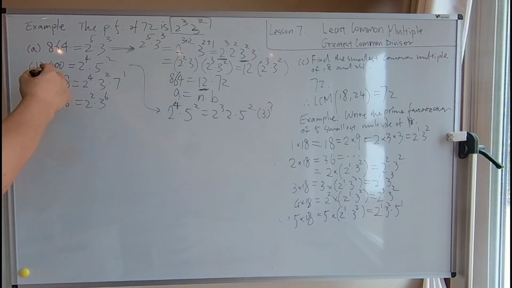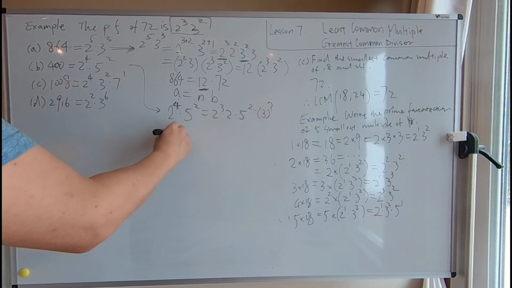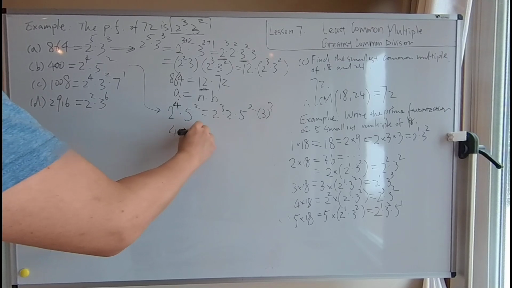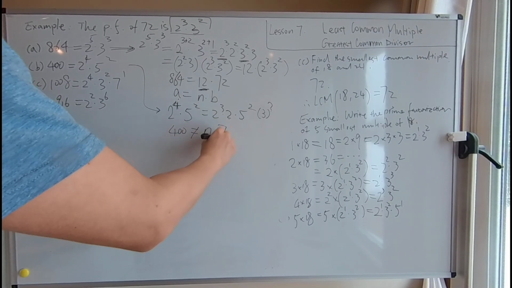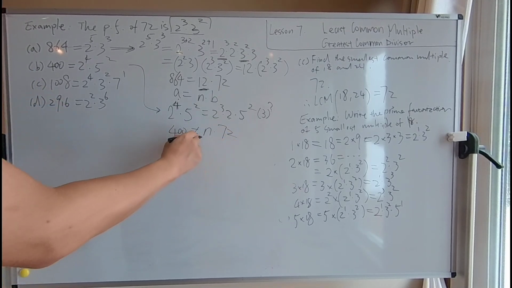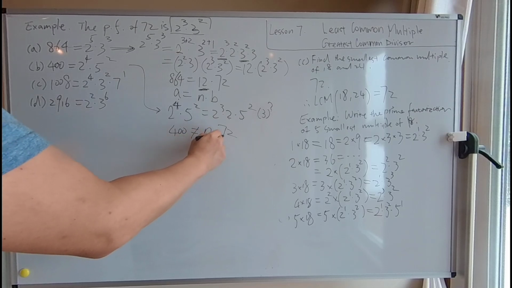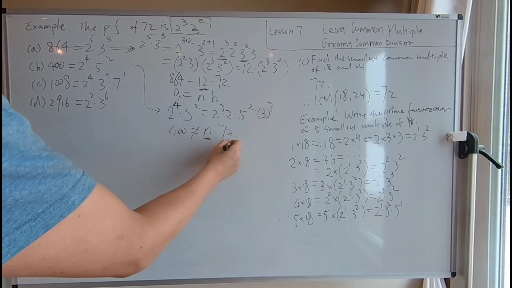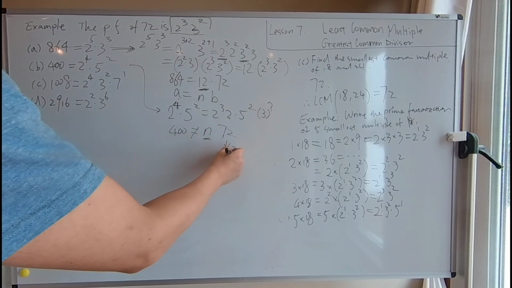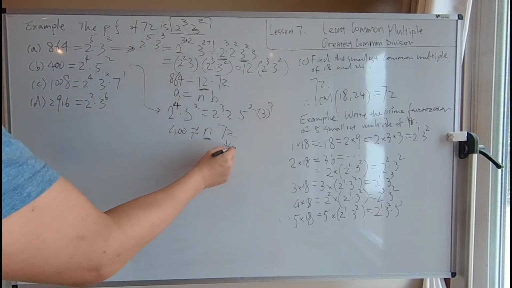So this means the number 400 cannot be written in the form of an integer times 72, because remember, you have a factor of 3 over here. In fact, you have two 3's, but you have at least one 3 over here.